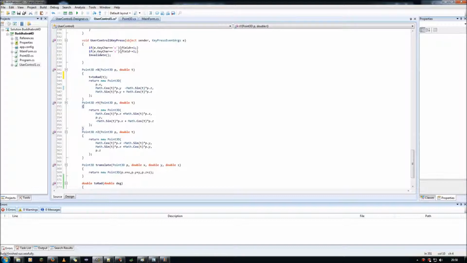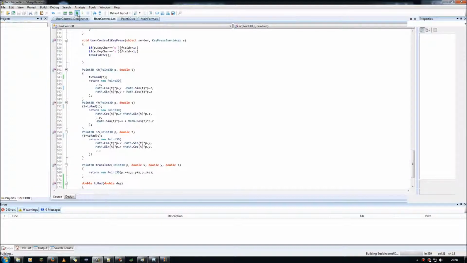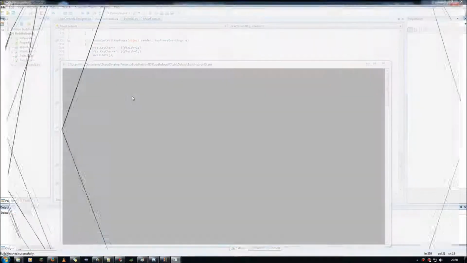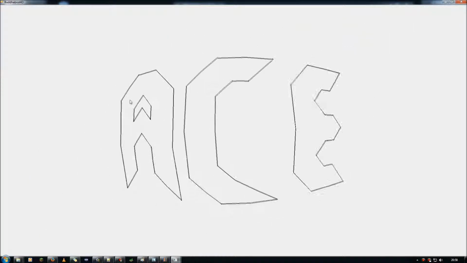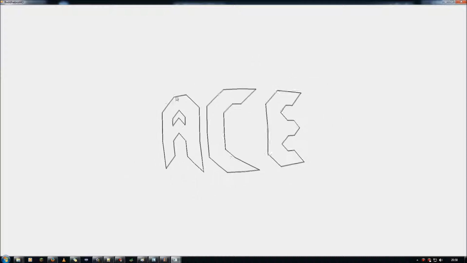We can put it there, and we can put it there. So this will make our rotation a lot slower. Remember I said in the last episode that it was really quick.